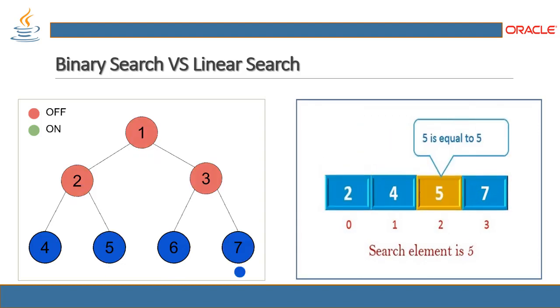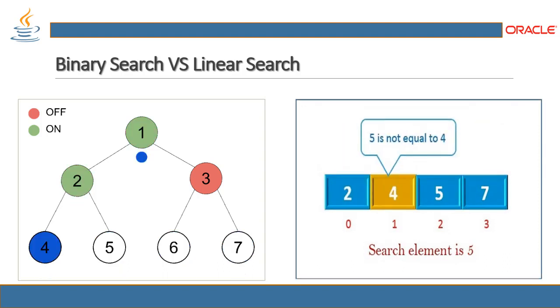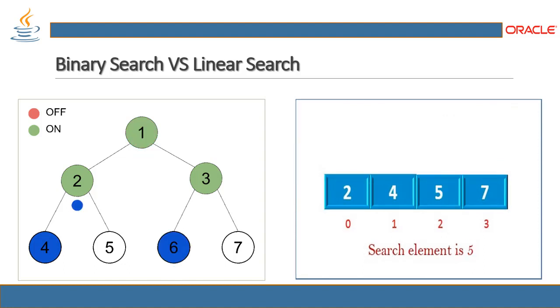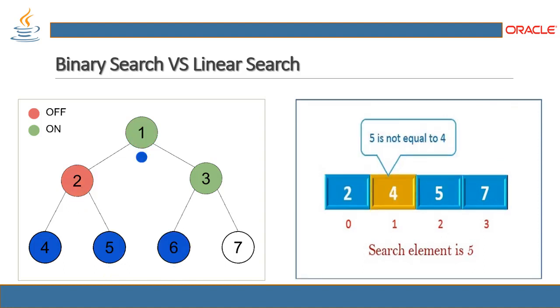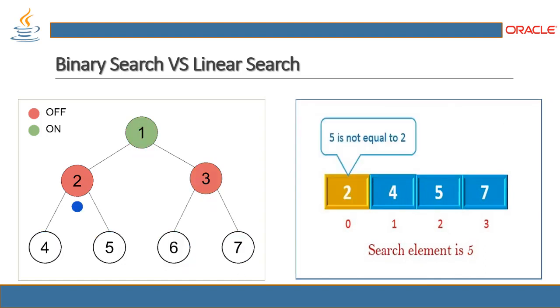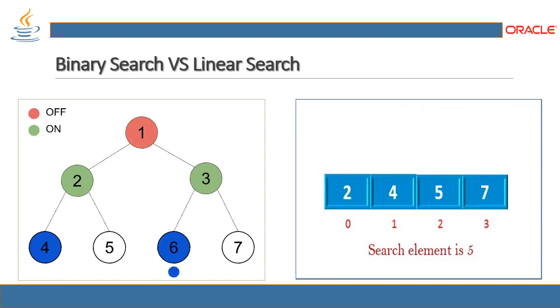For this algorithm to work properly, the data collection should be in sorted form. This is one of the basic assumptions or requirements of binary search we need to maintain: the list or collection of elements has to be sorted.